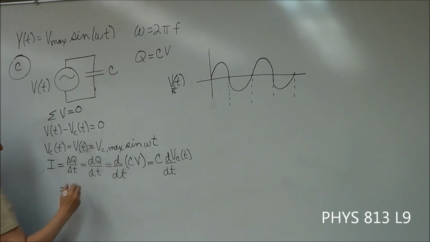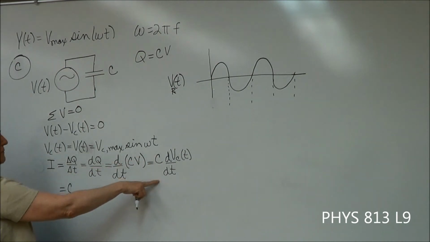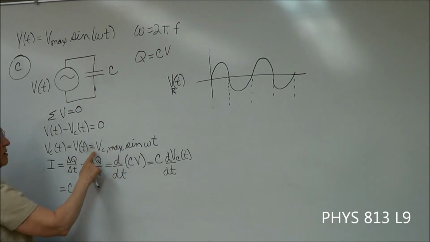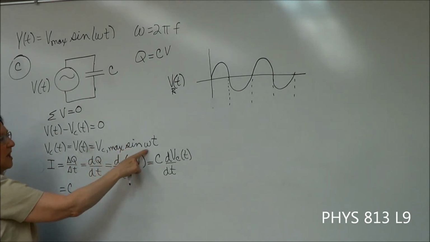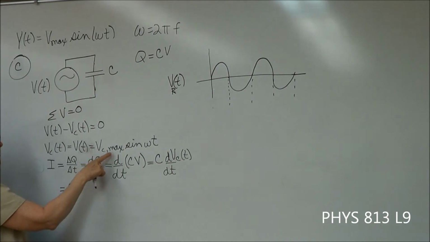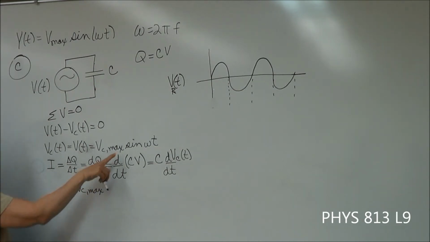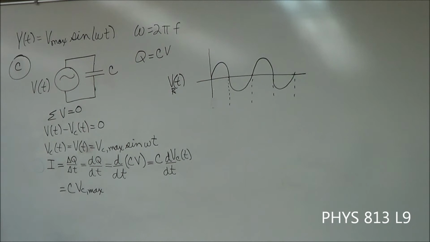So we start with our C. Now, the derivative of the voltage. We look at this expression here, the Vmax times sine of omega t. The Vmax is also a constant, so we're going to write that, Vc max. Now we need the derivative of sine.